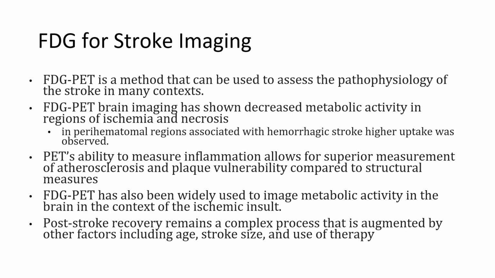And if there's any areas of ischemia or necrosis or death, that will show up. But PET's ability to measure inflammation allows for really good measurement of arteriosclerosis, plaque vulnerability, things like that within the blood vessels of the brain.